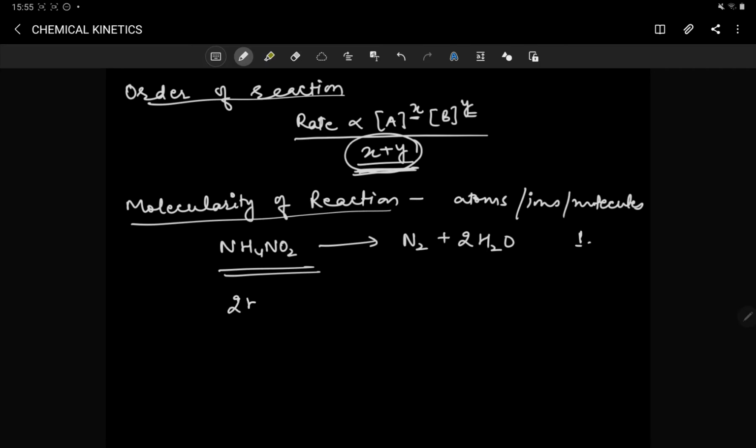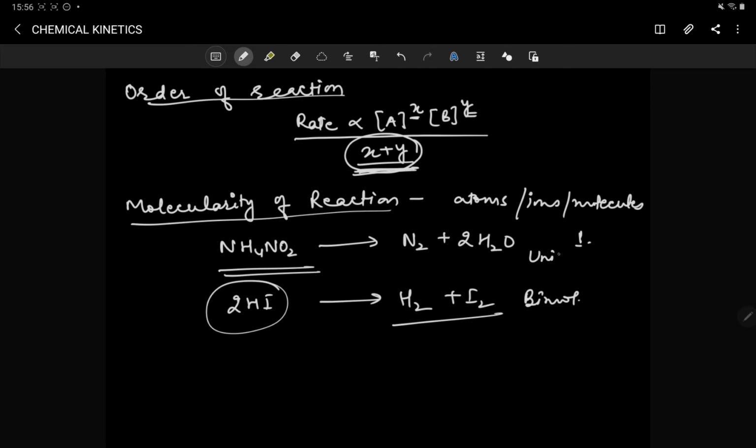If we take another equation, 2HI gives H2 plus I2. Here two molecules are colliding simultaneously, so this is an example of a bimolecular reaction. The upper one was a unimolecular reaction. Bimolecular means the molecularity of the reaction is 2, because two molecules are simultaneously reacting with each other to give the final product.